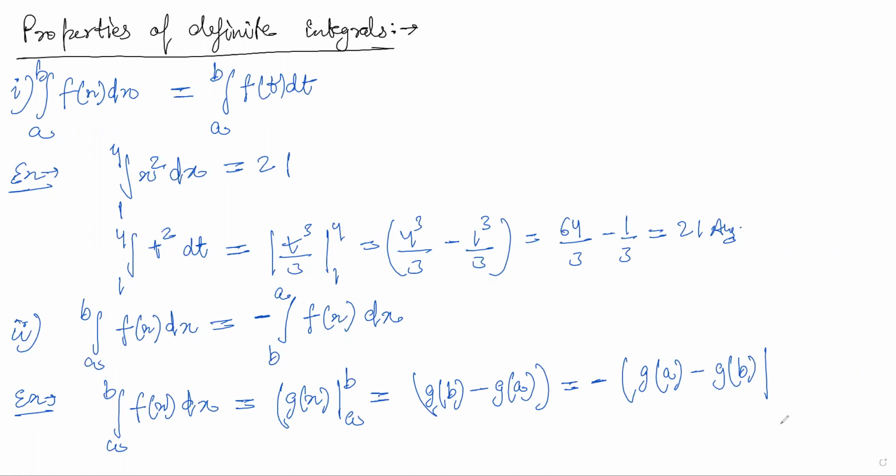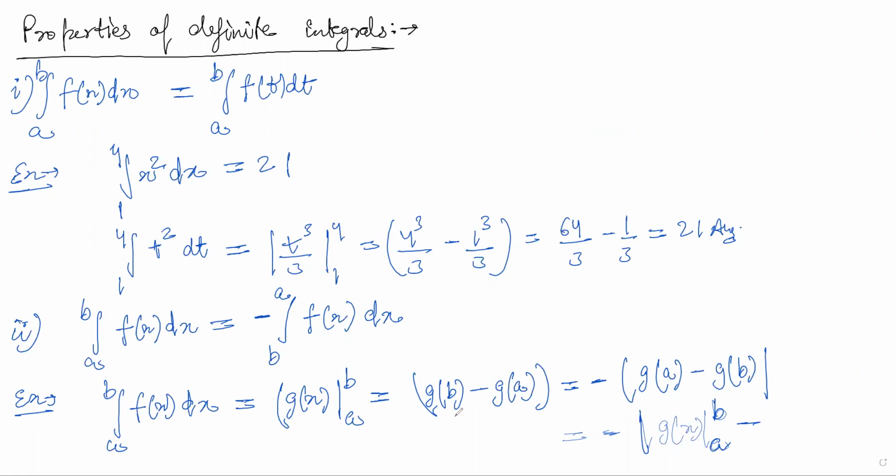Ga minus gb can be written as gx from a to b, right?